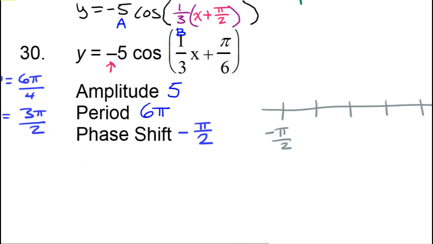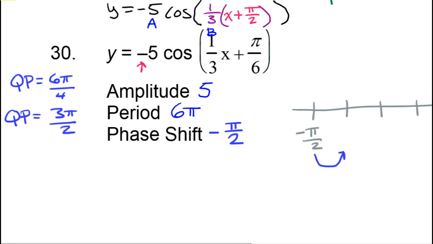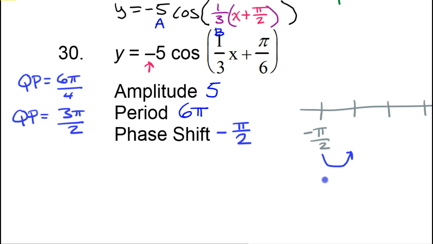That is significant because as I go from the first mark to the second mark, it should be increasing by 1/4 of a period. So since the quarter period is 3 pi over 2, I can add 3 pi over 2, and that will give me the next x value.